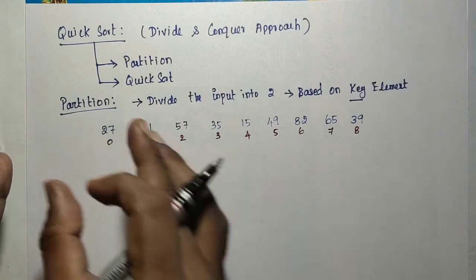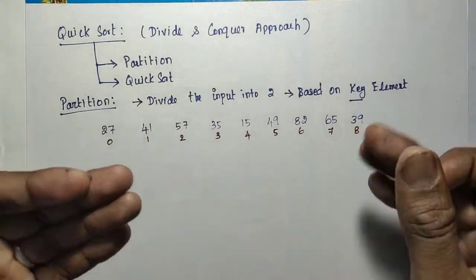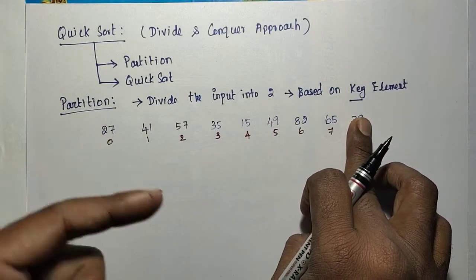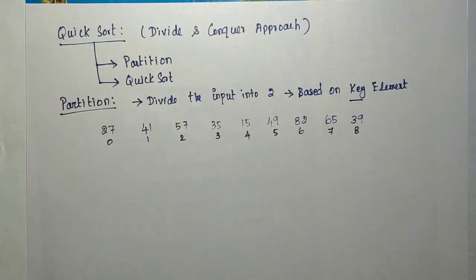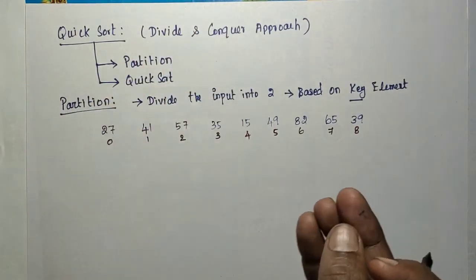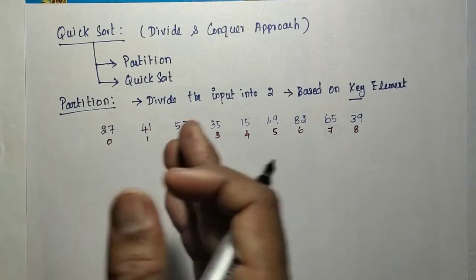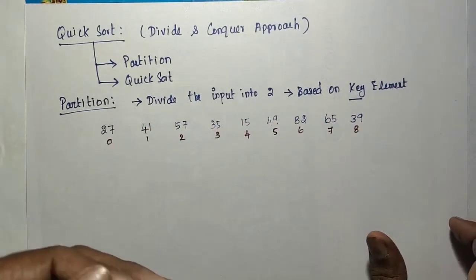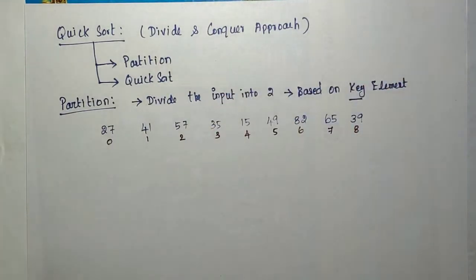So the division, that is the partition, is done based on the key element 39. At the end of the partition, 39 goes to its corresponding position. The elements which are less than 39 will be in the first half, but they will not be sorted in order. The elements which are greater than 39 will be in the second half, but that may not be sorted either. Only the element 39 will go to its position.